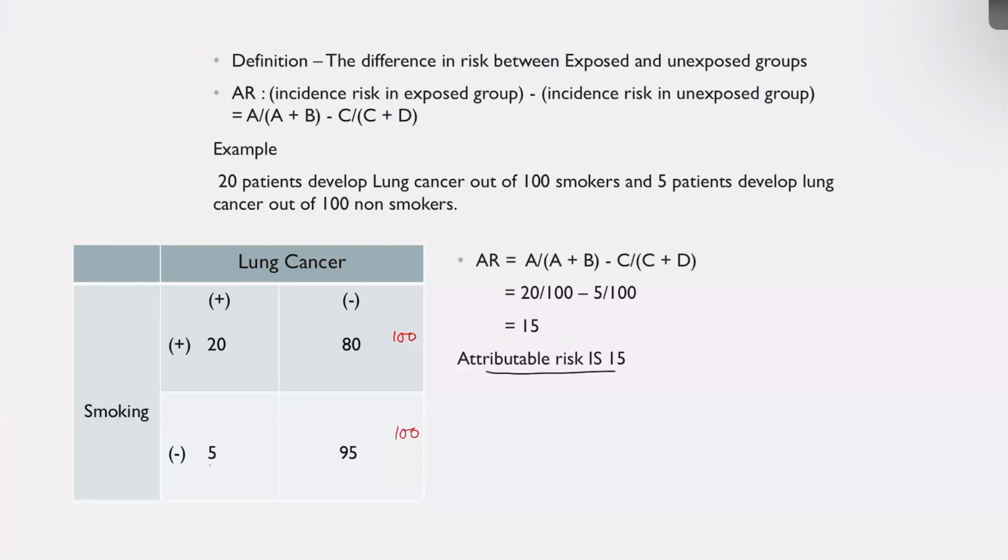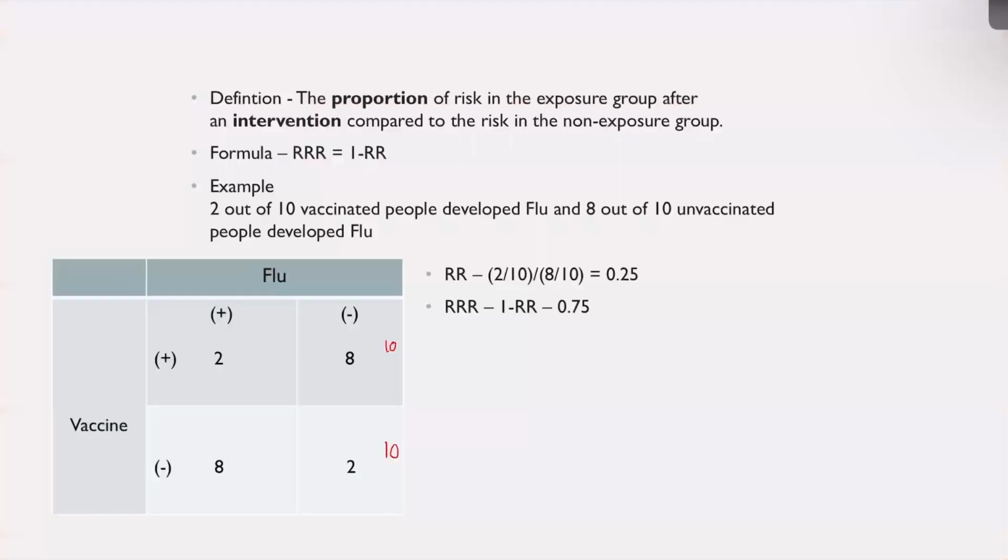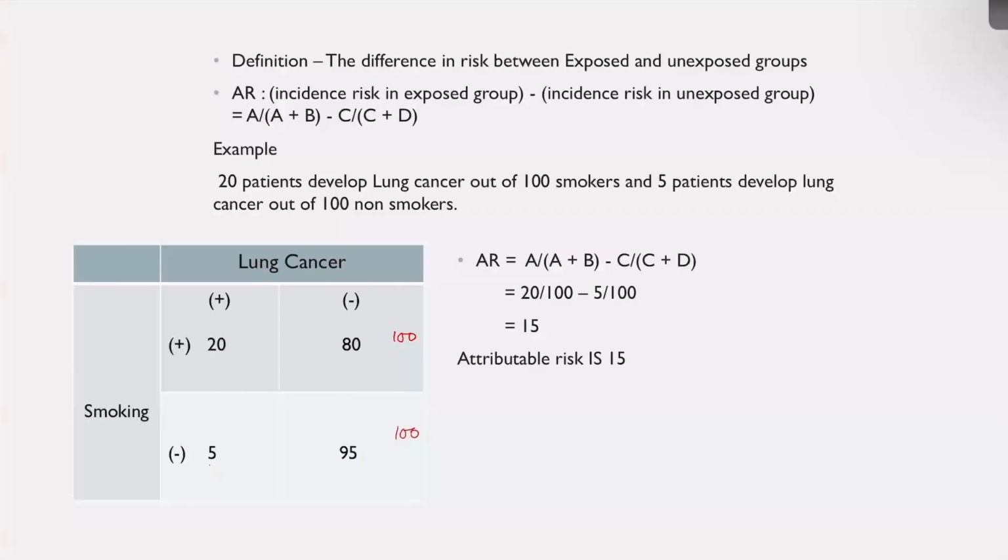So attributable risk is 15. You will see that attributable risk is always bigger than the relative risk. Relative risk reduction, since you're subtracting from 1, is usually a fraction, but attributable risk is much bigger. And whenever a study gives the attributable risk, it looks much more impactful because the value is much greater than the relative risk. Okay.